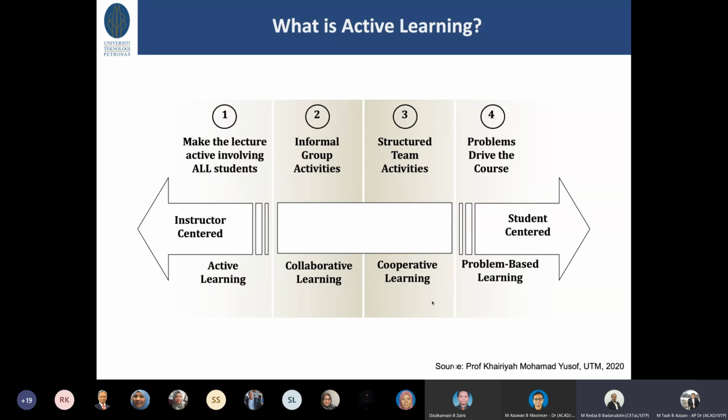So those are the things that we call active learning. Active learning is not simply everybody doing activities, but a combination of lectures. There are still lectures taking place, and then there are some activities in between.